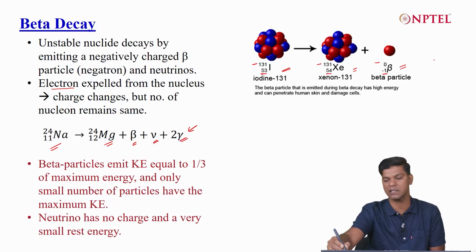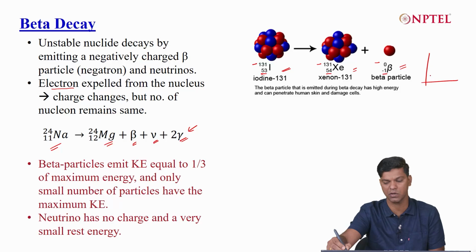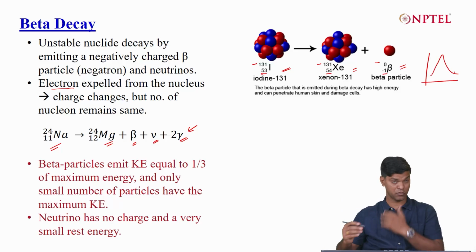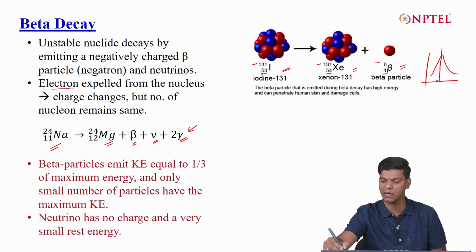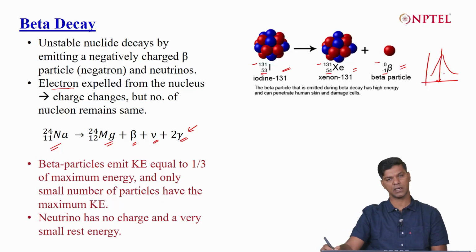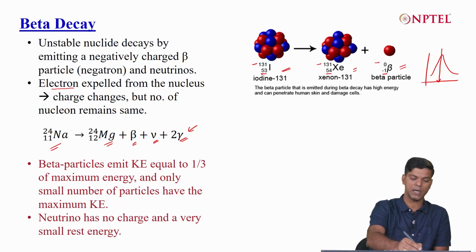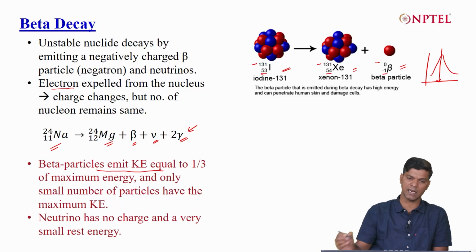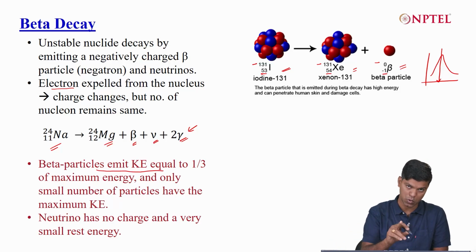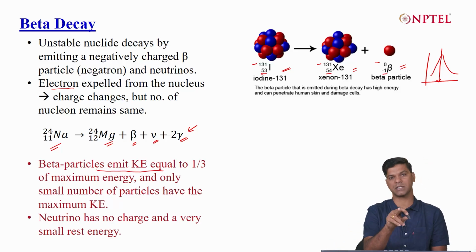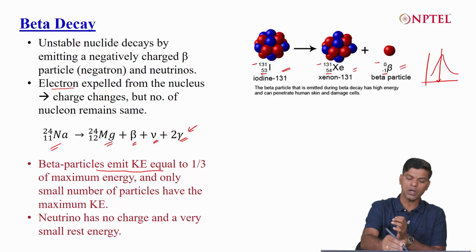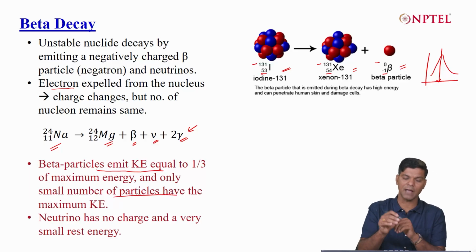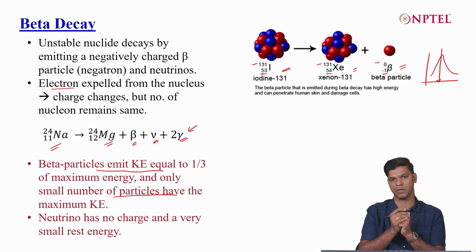Beta particles emit kinetic energy. So, beta decay is not monoenergetic. If you see the energy, it follows a distribution, and there is a maximum beta energy that is generally reported. Beta particles emit kinetic energy equal to 1/3 of the maximum energy, and only a small number of particles have the maximum kinetic energy actually.